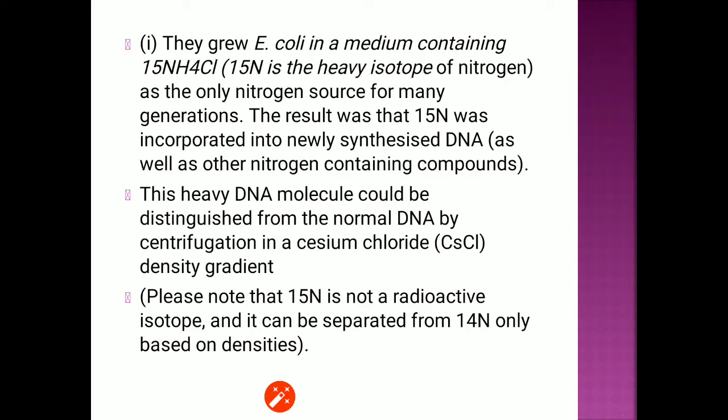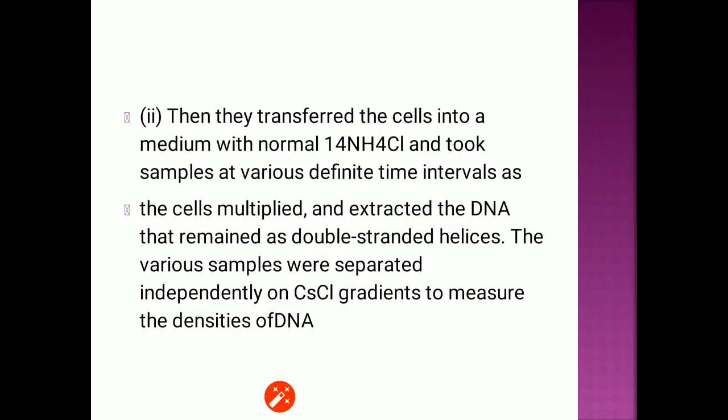This heavy DNA molecule could be distinguished from the normal DNA by centrifugation in a cesium chloride density gradient, and it needs to be noted that 15N is not a radioactive isotope and it can be separated from 14N only based on densities. Then they transferred the cells into a medium containing normal 14NH4Cl.